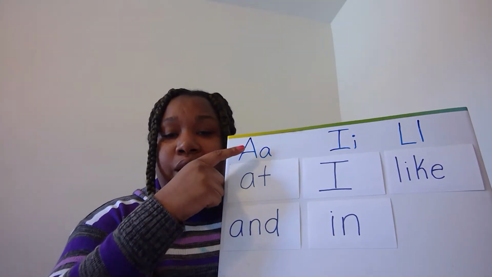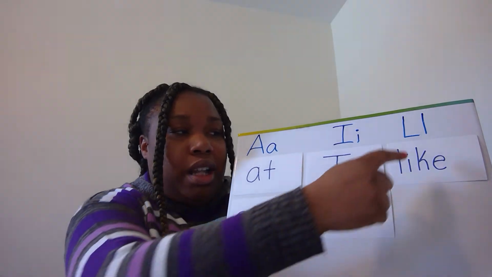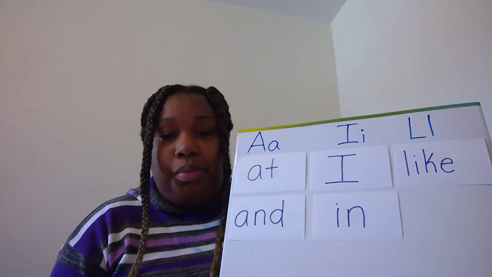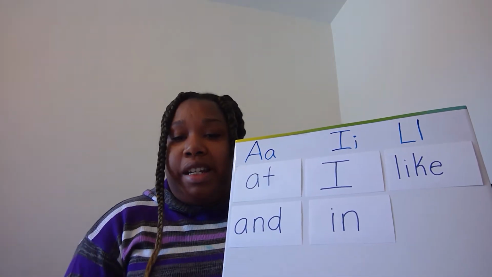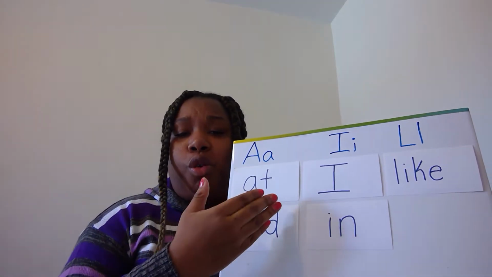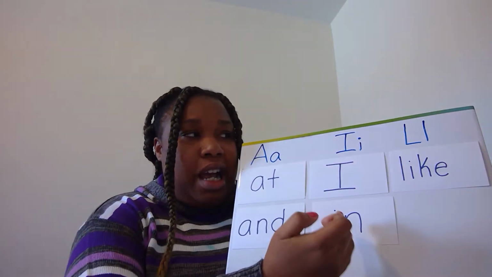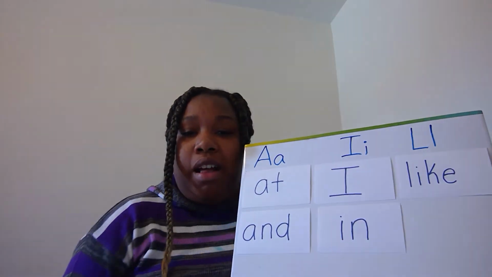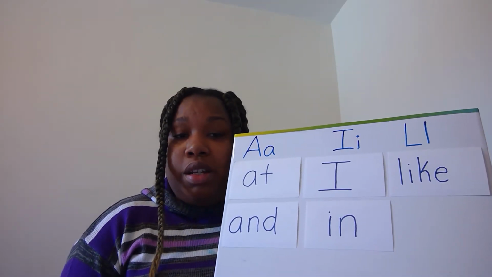Make sure that it matches the picture for the beginning sound. For example, like should not be in the A column because that's not going to help them reference the beginning of a word to write it down. So make sure all of your A words are under the A, all of your I words are under the I, your L words are under the L, or any letters that you're using on the alphabet to start with.